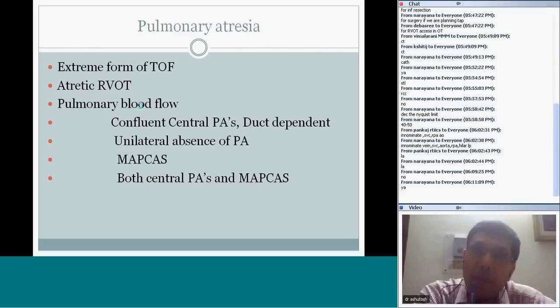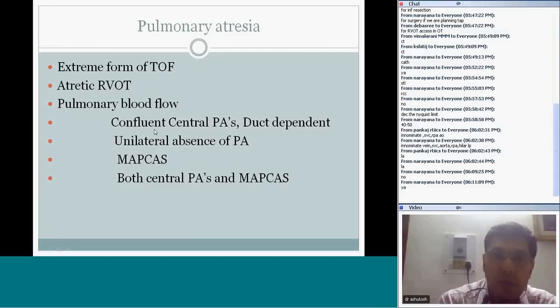These children become symptomatic. And some patients can have large collaterals with unrestricted flow, so their symptoms are similar to the child with a large PDA or large truncus who go into early failure, and these children will require very early corrective surgery, especially the ones who are going into failure because of non-restricted pulmonary blood flow.